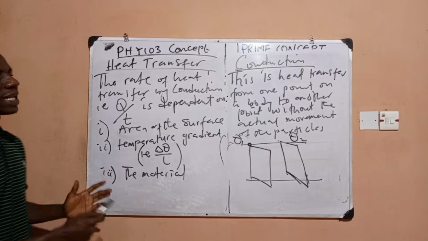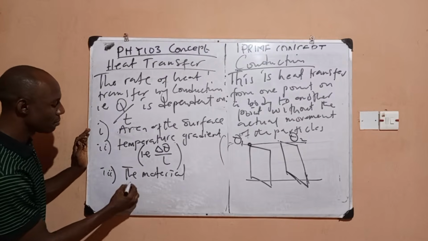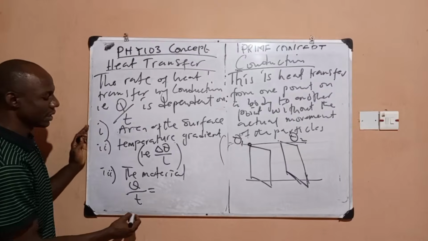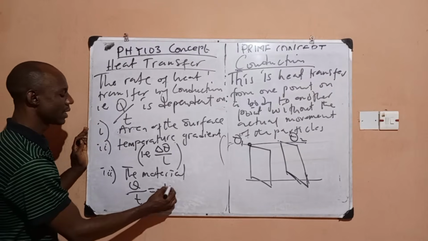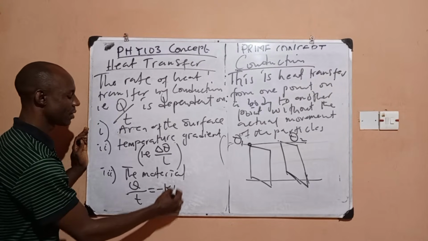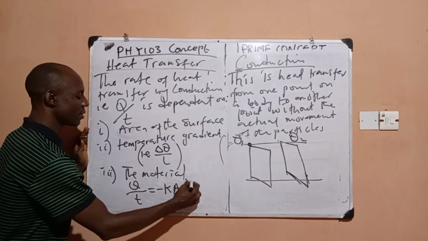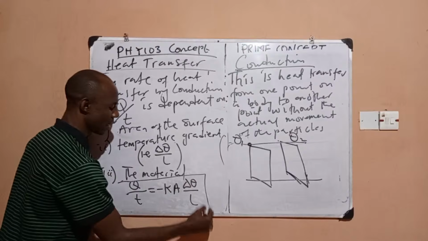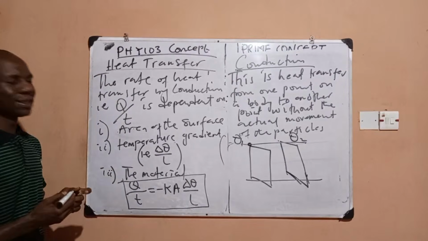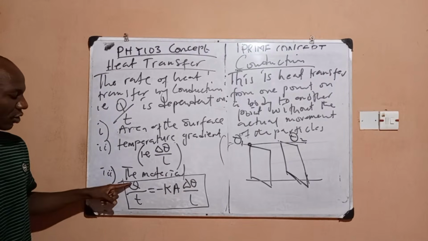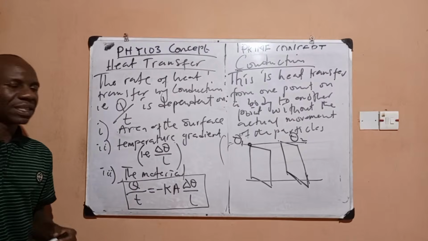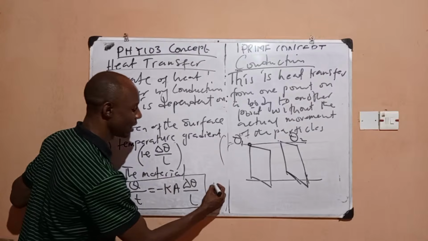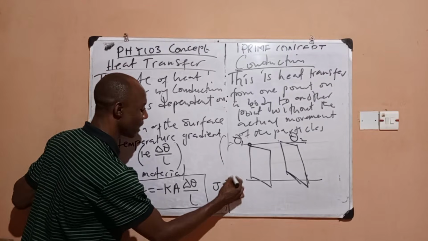If you put them together, it therefore means that the rate of heat transfer is equal to negative K times area times temperature what? Gradient. So this is the formula you will be using to calculate the rate of heat transfer, Q over T. The rate of heat transfer is measured in joule per second.